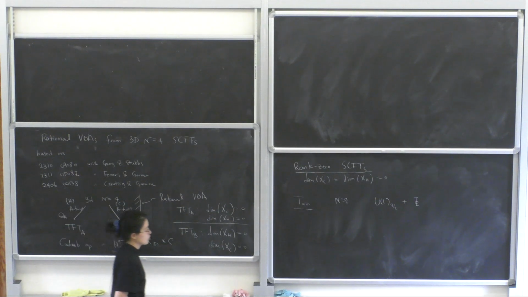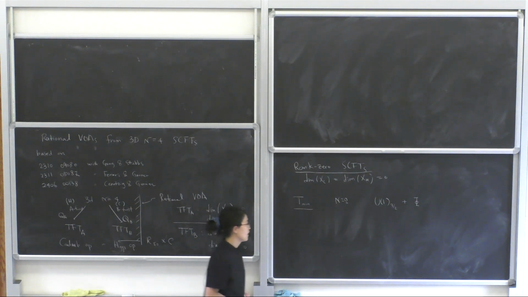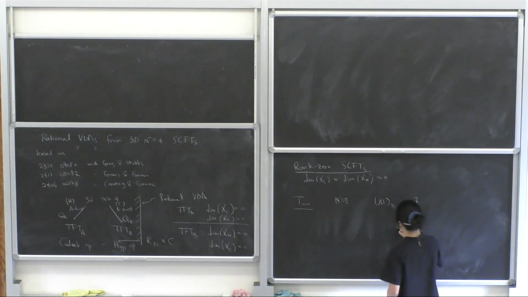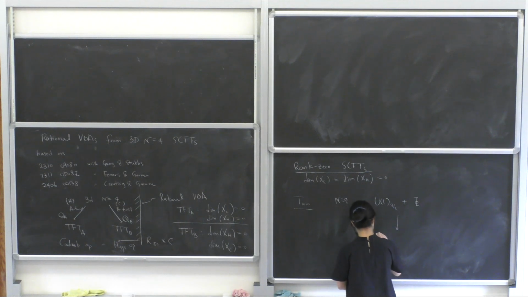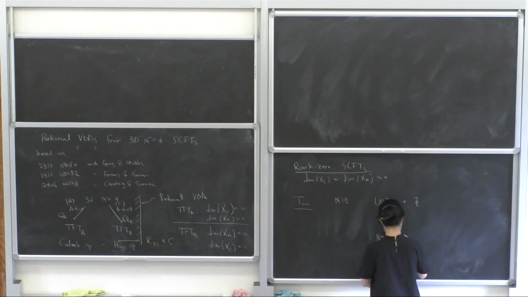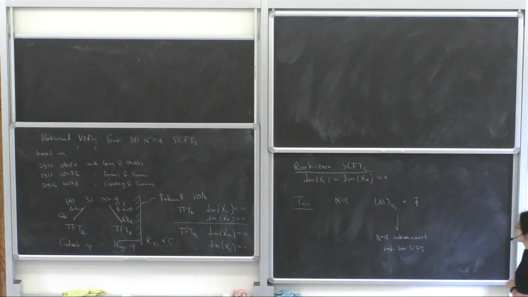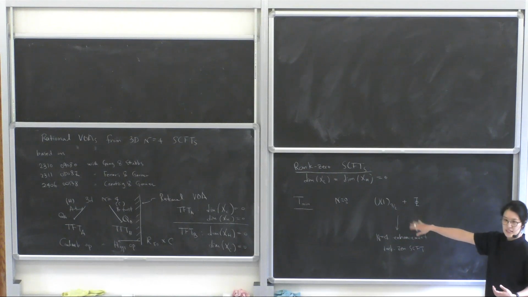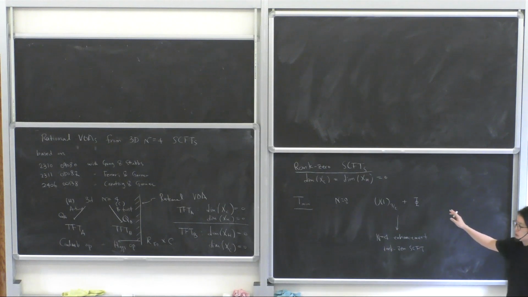And you can argue by some other indirect checks that this actually flows in the IR to a rank 0 theory that has an N=4 symmetry, N=4 enhanced ones. And there are other scattered examples, but this part is actually difficult to predict from first principles from the N=2 Lagrangian description.